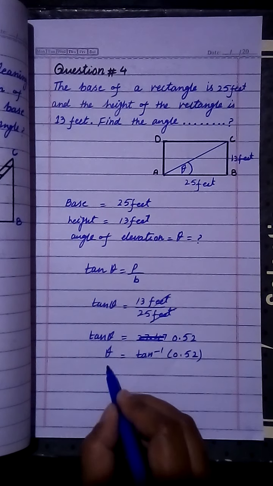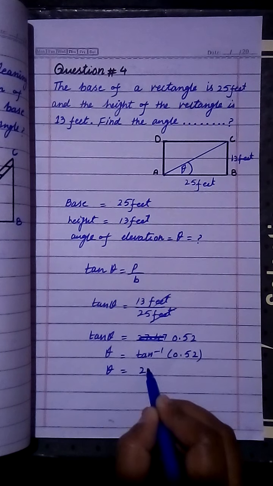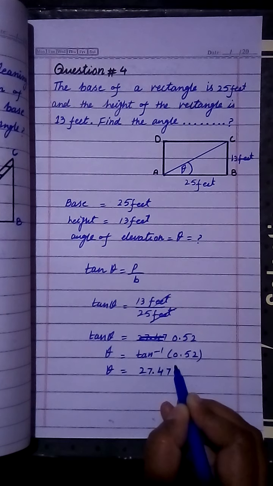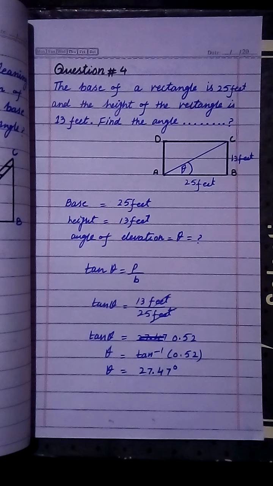So theta equals 27.47 degrees. You can write the answer statement at the end of this question: the angle that the diagonal of the rectangle makes with the base is 27.47 degrees.